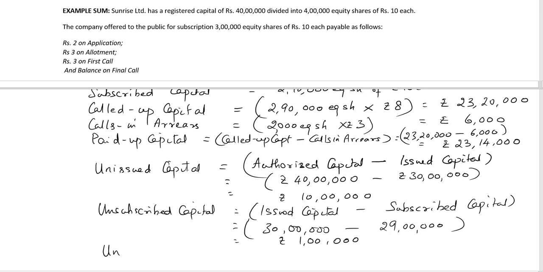Uncalled capital is equal to the subscribed capital minus called up capital.